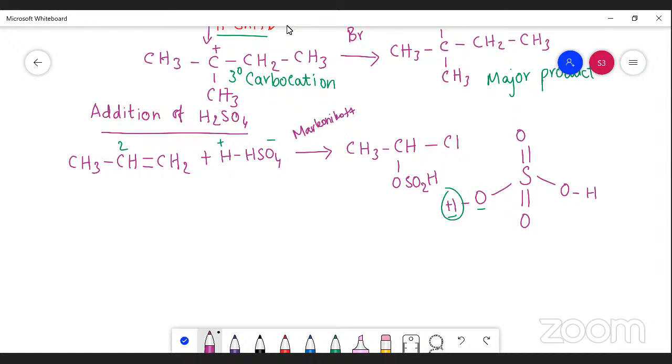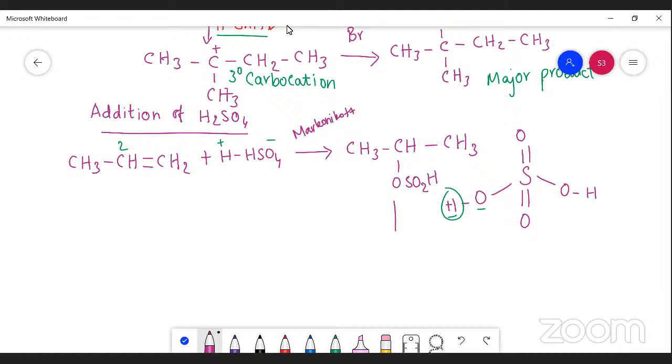So this is the product, hydrogen sulfate. So 2-propyl hydrogen sulfate is the product.